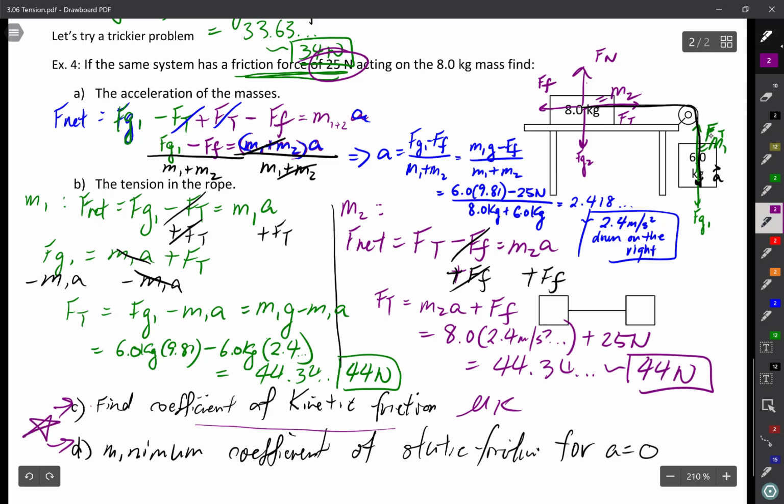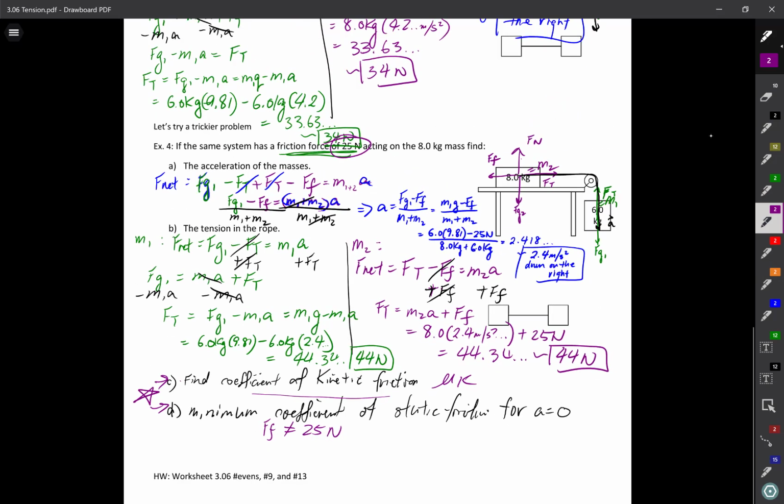And my hint for that one is the friction force is not 25 newtons. That's not the case. Because, of course, we're dealing with static friction, we want to find out what is the force that you need to completely oppose the force that's causing your system to accelerate down on the right.